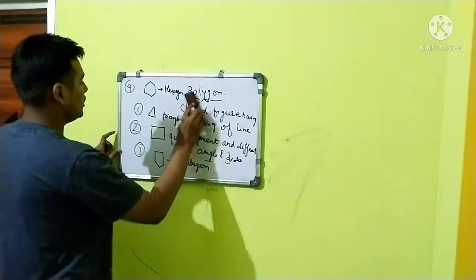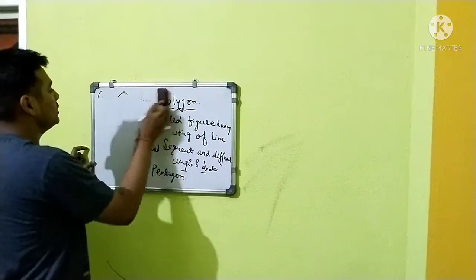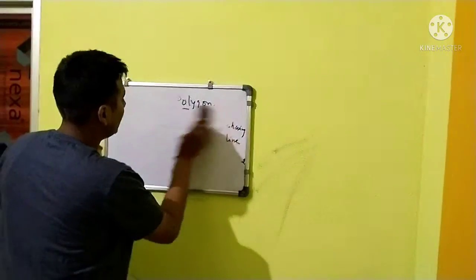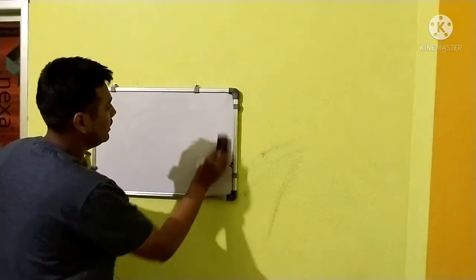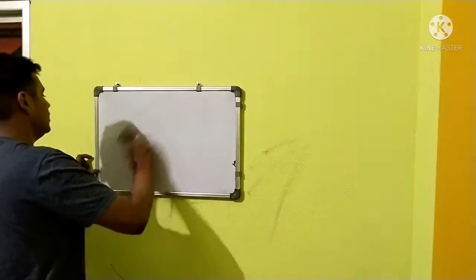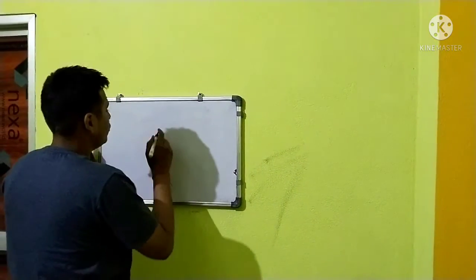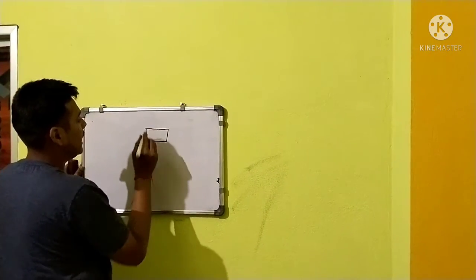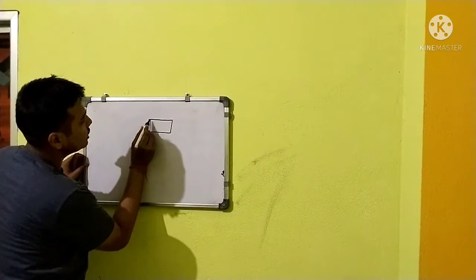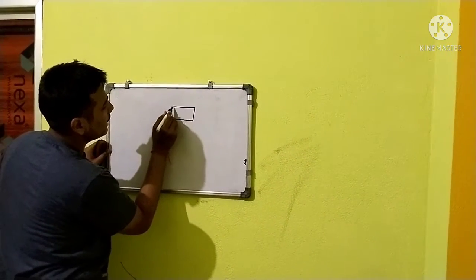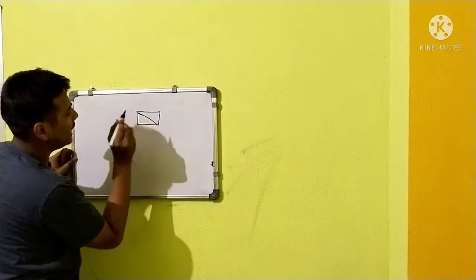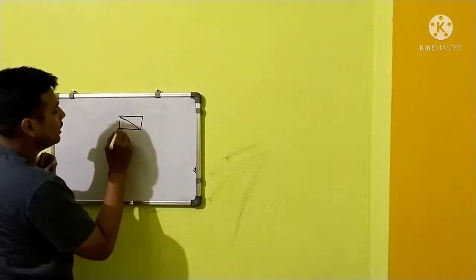Now the question that came from polygons in the defense exam is like how many diagonals can you find if the sides are given. What is a diagonal? First of all, we will discuss that. If it is a quadrilateral, then by joining two opposite vertices, the line which is drawn is called a diagonal.